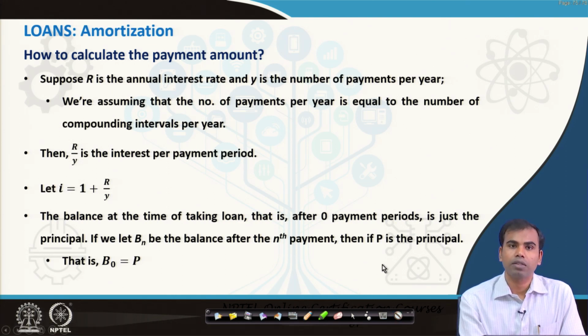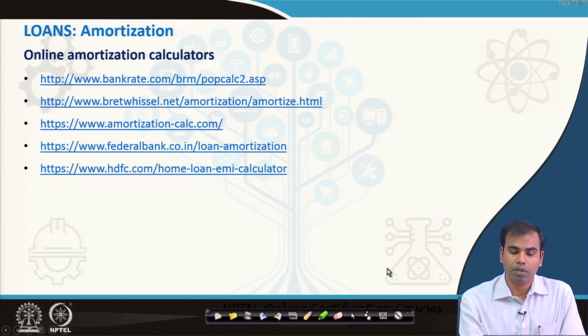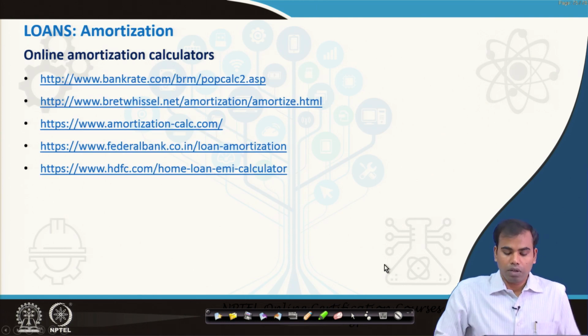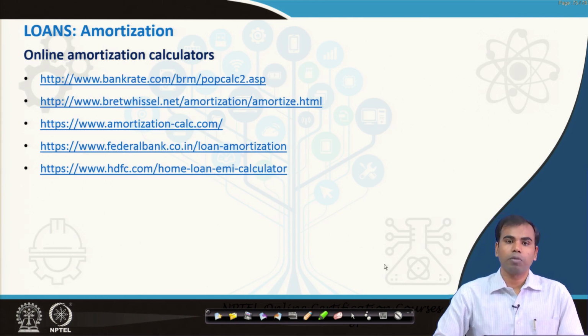Once we understand this, it helps us solve the problem of the amount of money to be paid at every compounding interval.